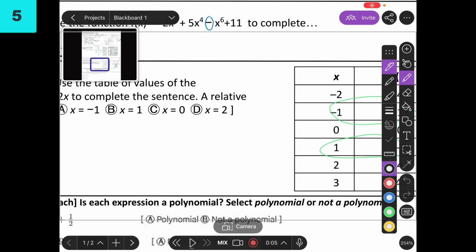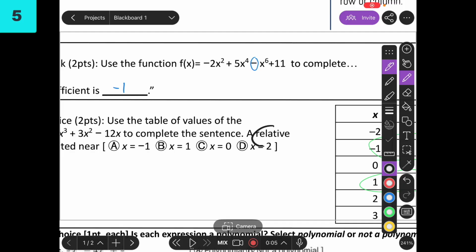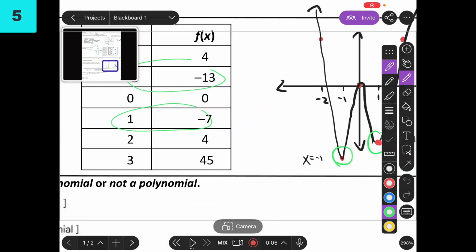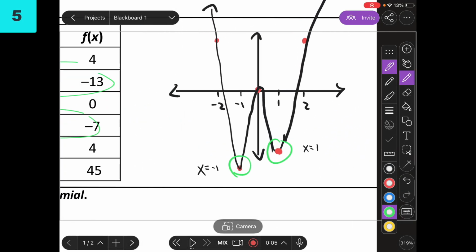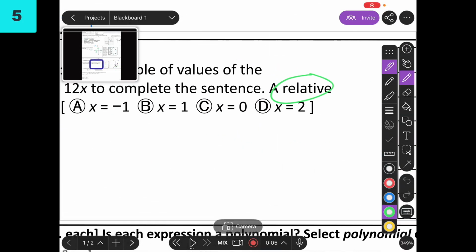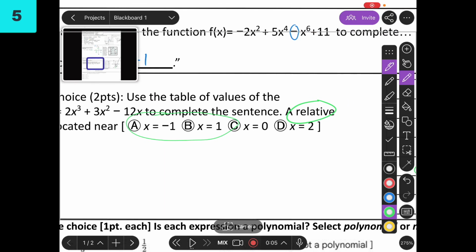Because they're actually just asking you to find the relative min or local min, you could have chosen either one of these two, because an absolute min is also a local min, but it's not true the other way around. So as long as you chose either one of these two, then you got the answer right, -1 and +1.